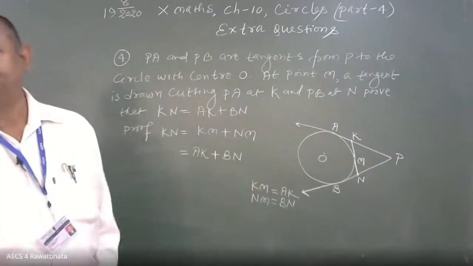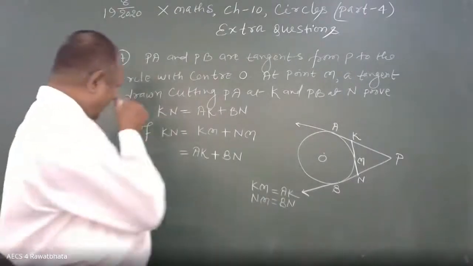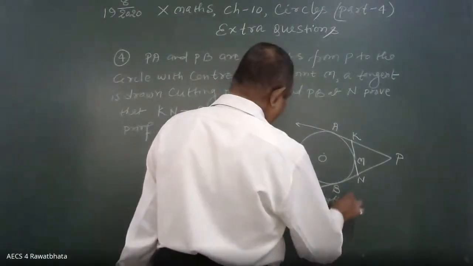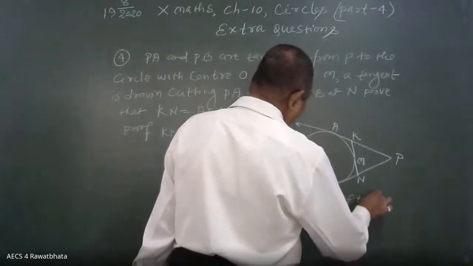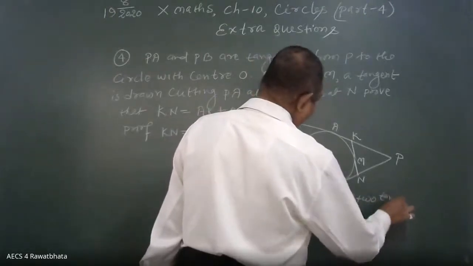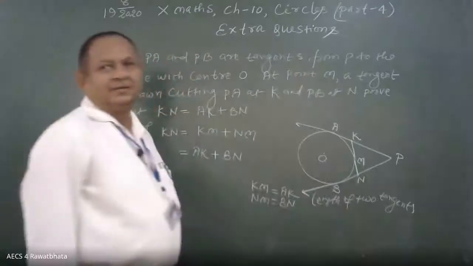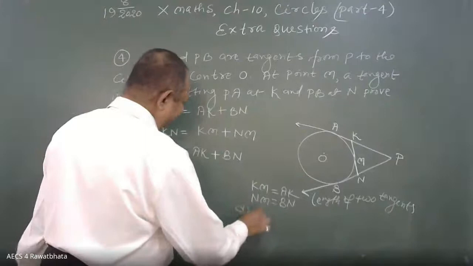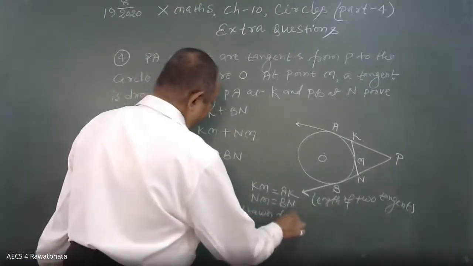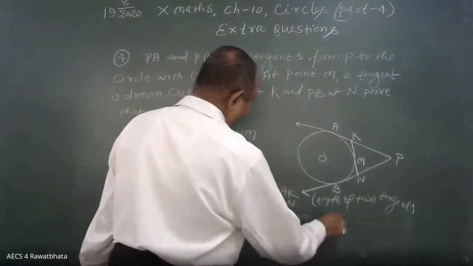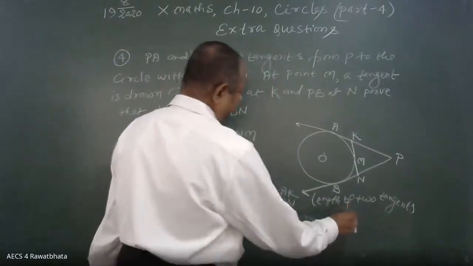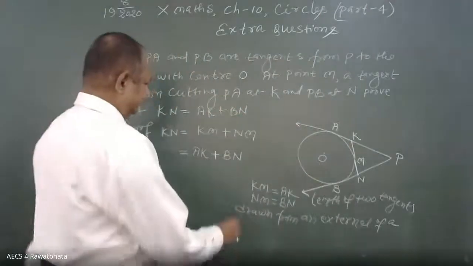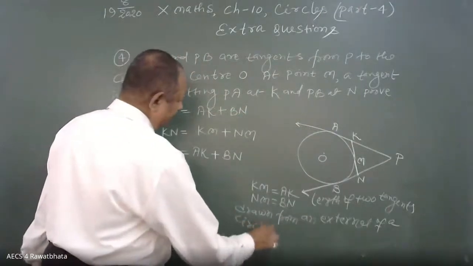The reason is the same: the lengths of two tangents drawn from an external point of a circle are equal.